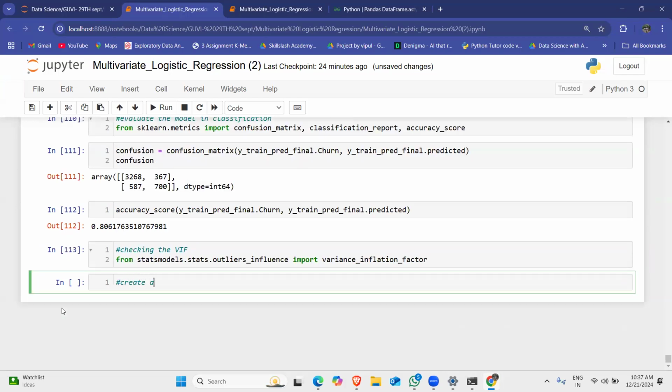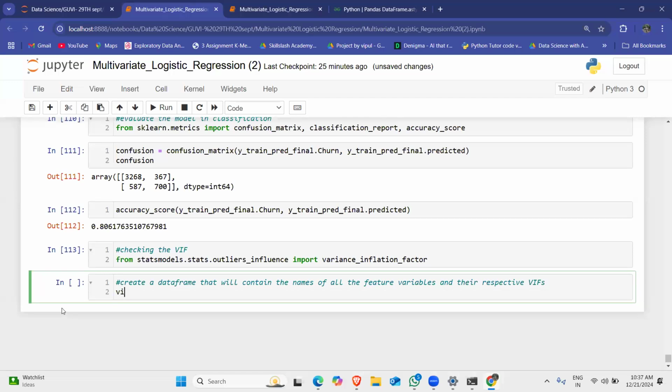And I'm going to create a data frame that will contain the names of all the feature variables and their respective VIFs.